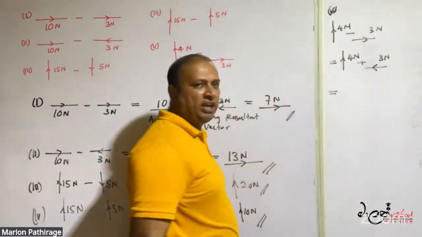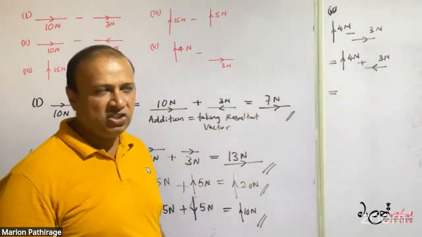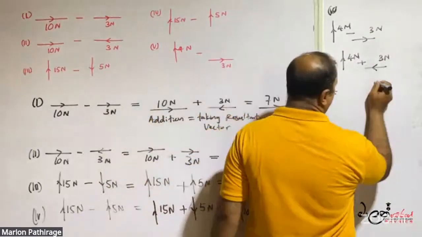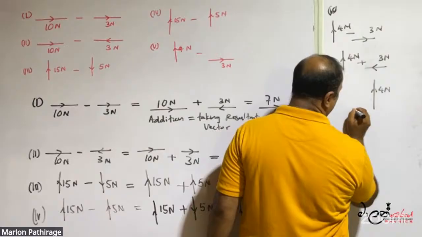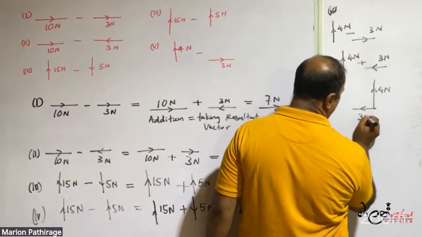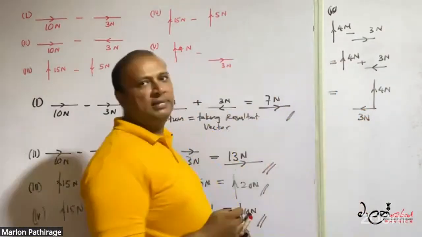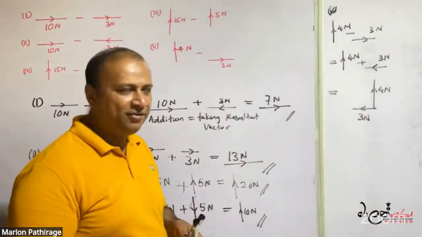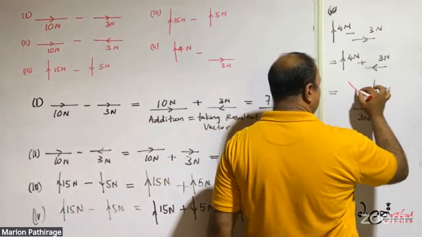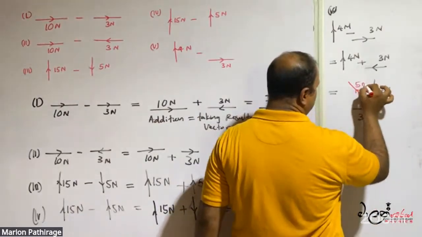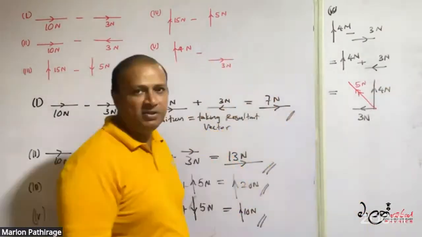Addition means taking the resultant vector. That means 4 Newton force in the upward direction, 3 Newton force in the horizontal direction. Therefore, this is equal to 5 Newton force in this side.